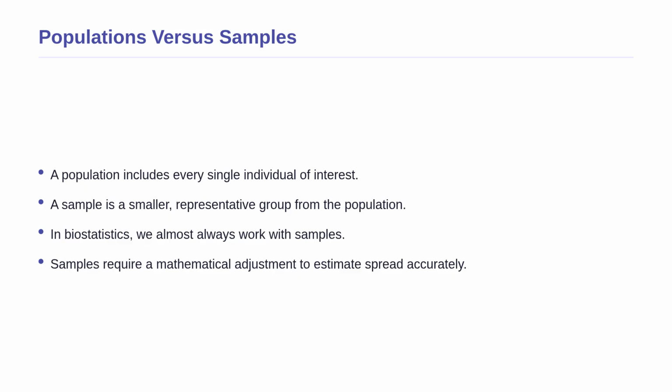In biostatistics, we almost never have access to an entire population, so we rely on samples. Because samples are smaller and might miss extreme highs and lows, they require a slight mathematical adjustment to ensure our estimates of spread are accurate.